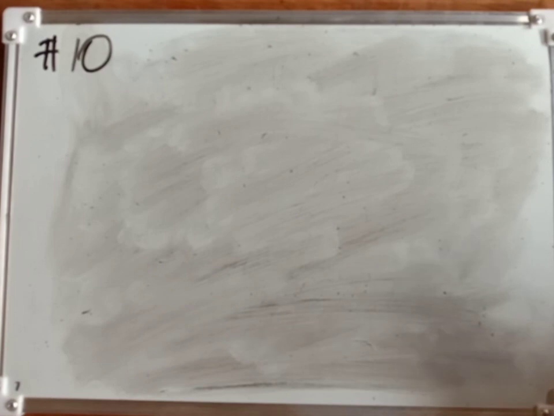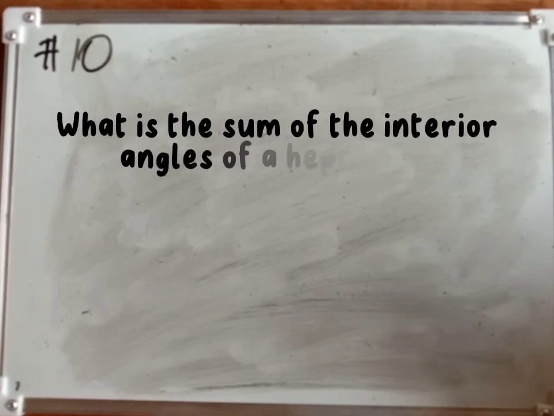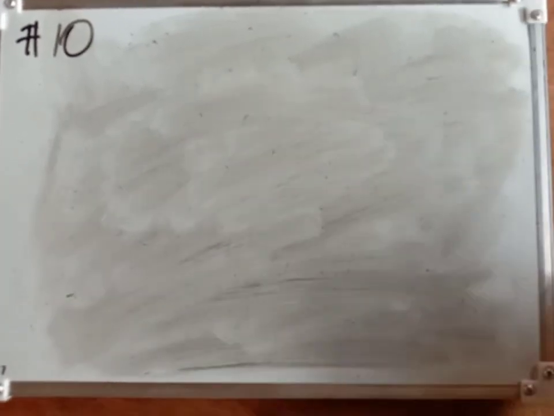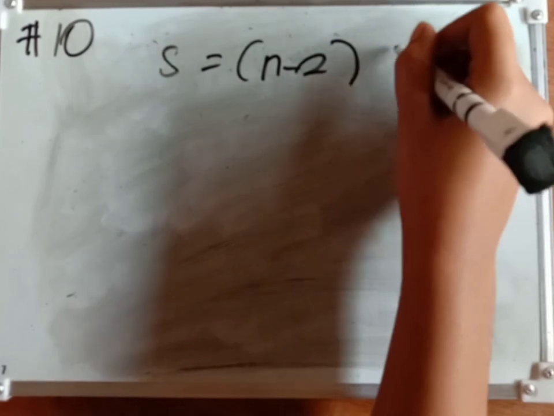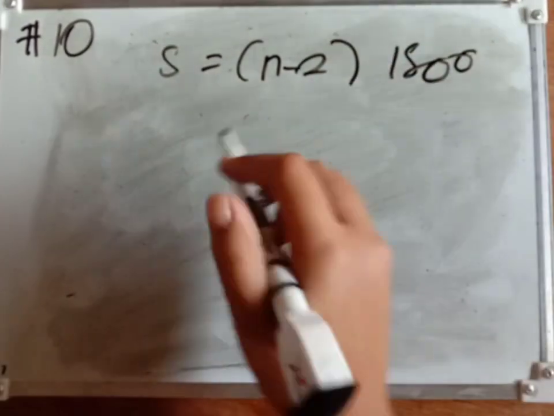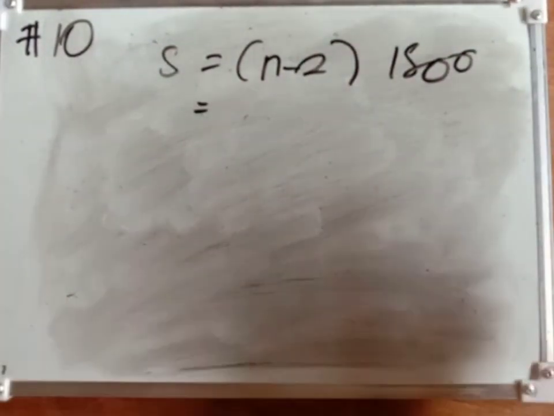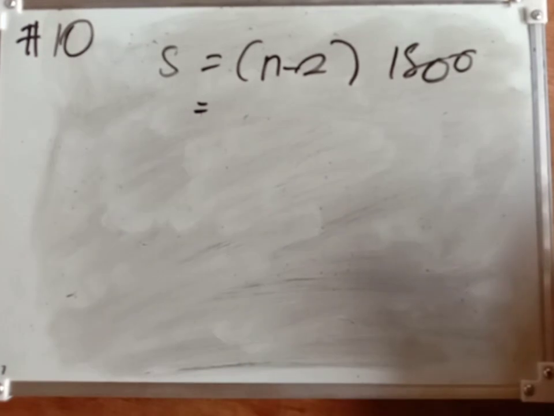So, moving on to our problem number 10, which is the last problem that we are going to solve. Our problem number 10 is, what is the sum of the interior angles of a heptagon? So, by using the formula S is equal to the quantity of n minus 2 multiplied by 180 degrees. So, heptagon has 7 sides.